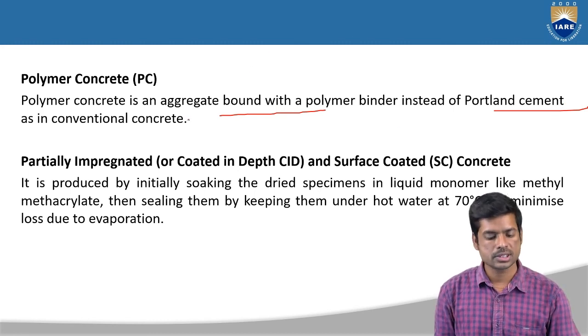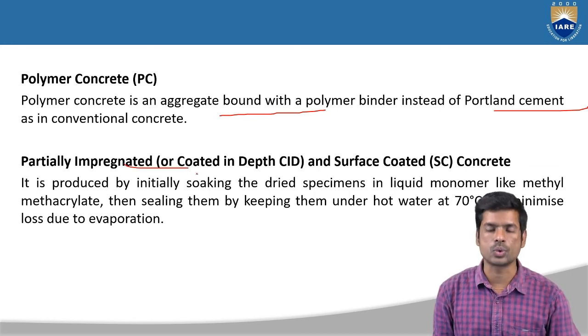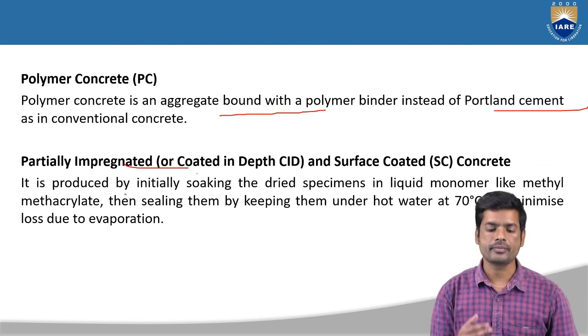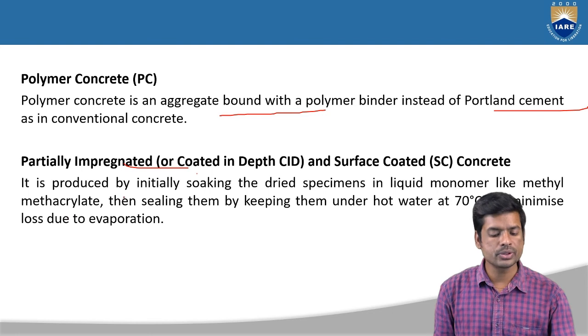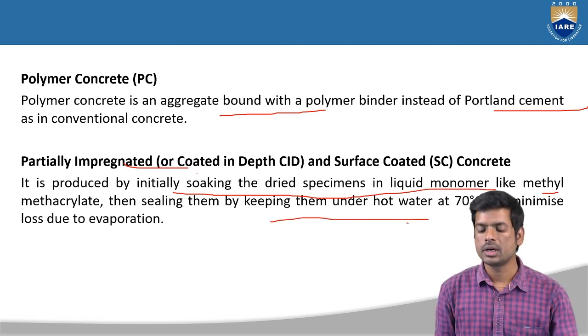Next, coming to the fourth type, partially impregnated surface coated concrete. It is produced by initially soaking the dried specimen in a liquid monomer like methyl methacrylate, then sealing them by keeping them under hot water.